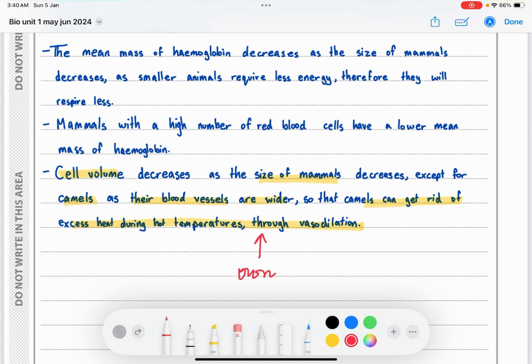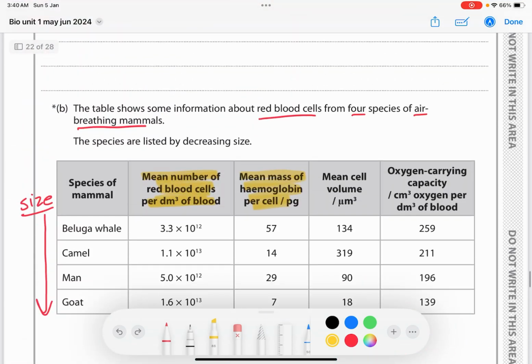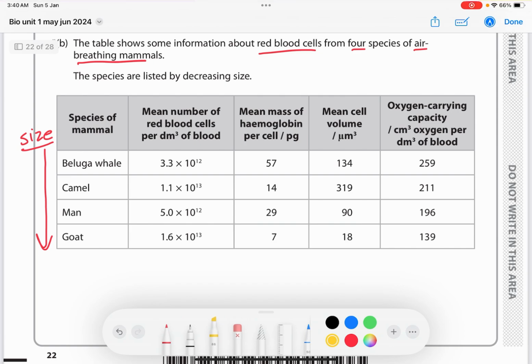Let's go ahead and see what's going on. Let's look at the cell volume now, along with the size. It's important to highlight or underline and see what you're comparing, because before I was looking at the wrong things. I was looking at the mean cell volume and comparing it with the mean number of red blood cells, and I just wasn't understanding it.